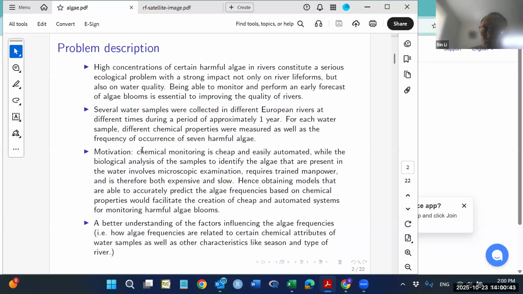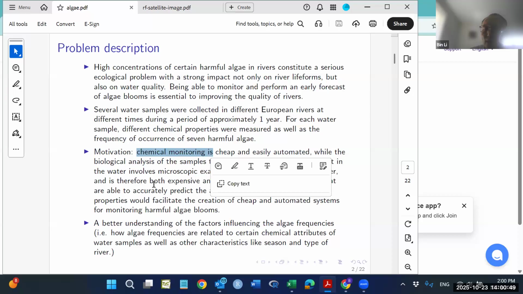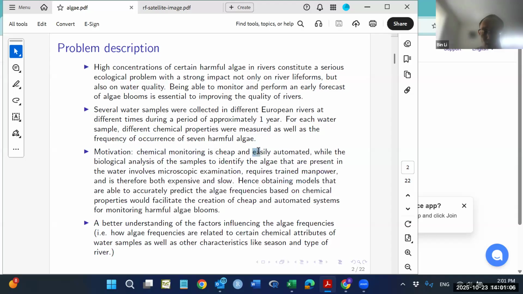Because chemical monitoring is very cheap. Those 8 chemical parameters can be measured within a second. They just put the equipment into the water and can measure immediately. So it's very easy and very automated.